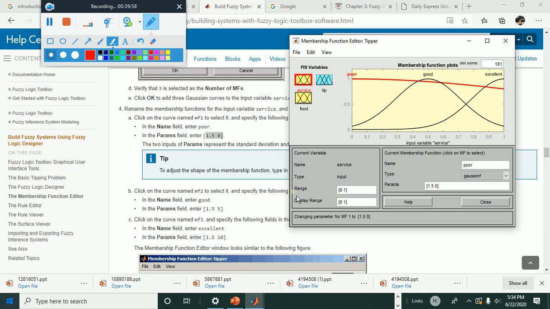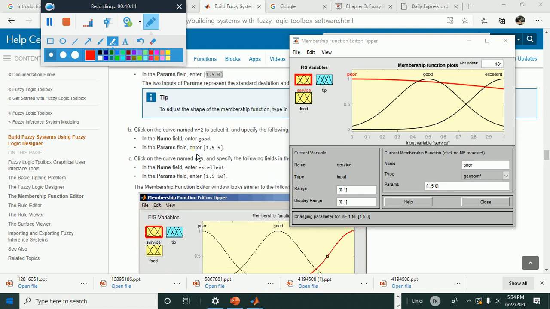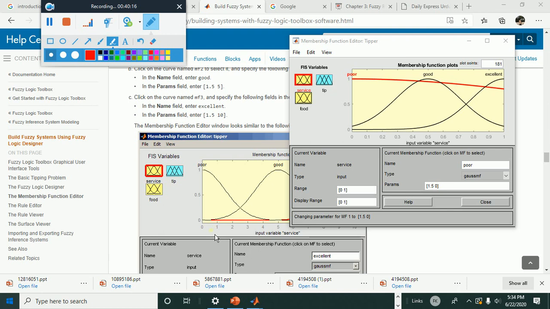Now here we will change the range so that we can see where it ends. The range for this is 0 to 10, so we will have to change the range from 0 to 10, and the display range will also be changed.